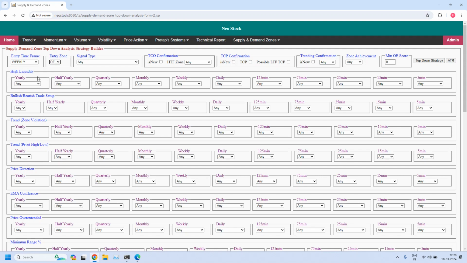And in bullish or bearish trade setup, entry time frame should be 75 minutes. Weekly income trade, weekly is a higher time frame, daily is intermediate time frame, 75 minutes is a lower time frame. So selecting 75. Bullish or bearish trade setup in 75 minutes time frame, I am selecting the value bullish.